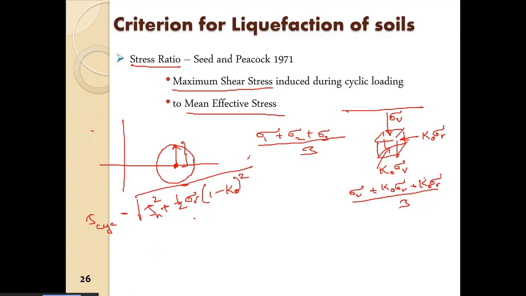So he defined the ratio of these two stresses. Ultimately, what he did is he again came up to the ratio of tau h by sigma v.